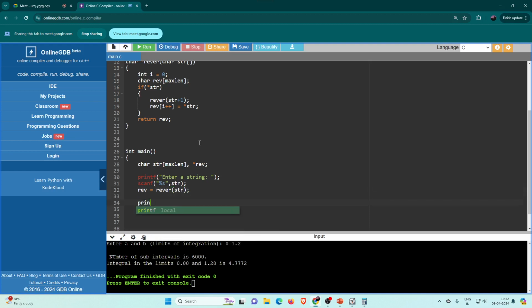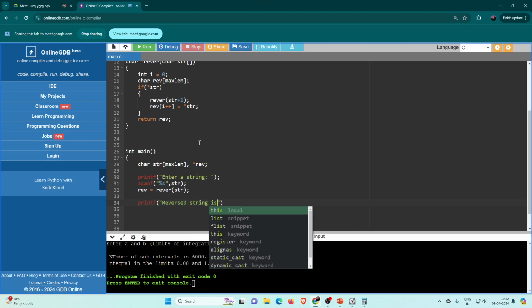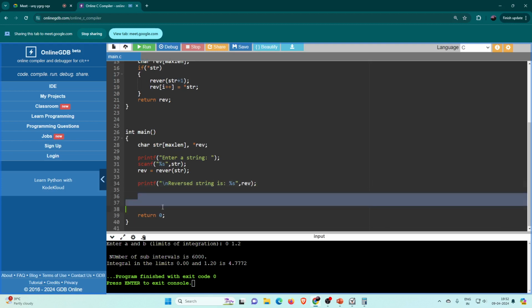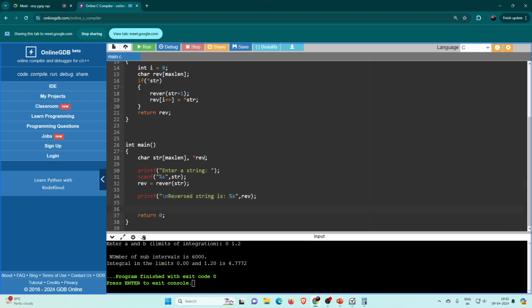Then finally printf, why not, reversed string is percentage s, comma rev. So I am storing the reverse of the string in rev. Rev is a string variable where I am storing the reverse of the string.